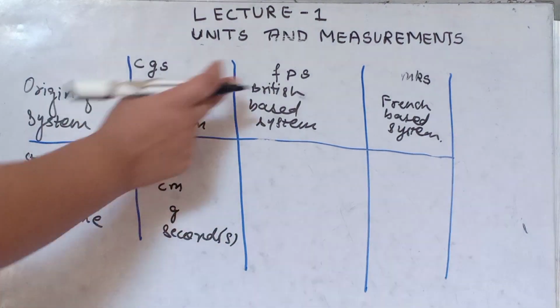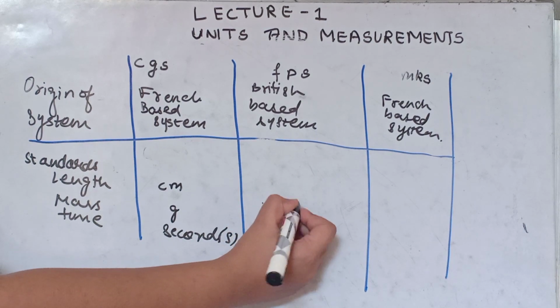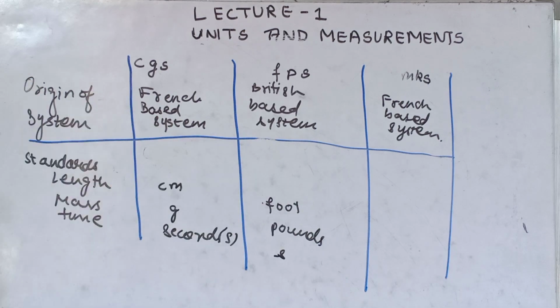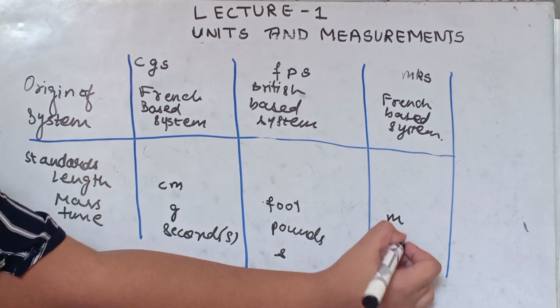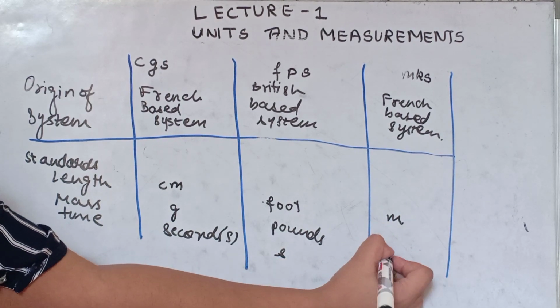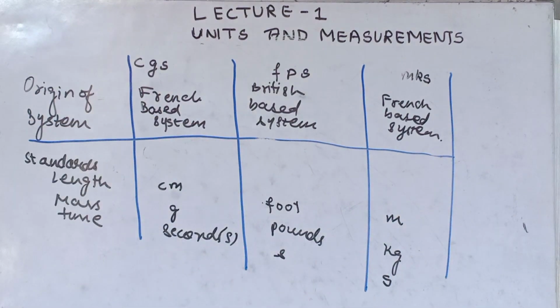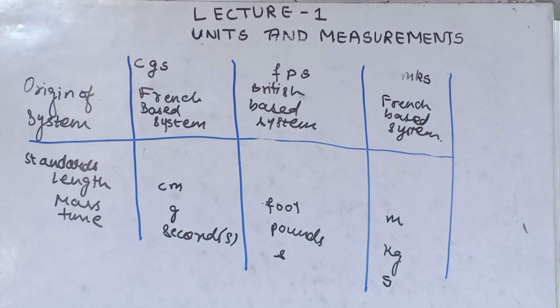For FPS system, length is foot, mass is pounds, and time is again seconds. For MKS, length is measured in meters, mass in kg, and time in seconds. So these were the standards given by CGS, FPS and MKS for length, mass and time.